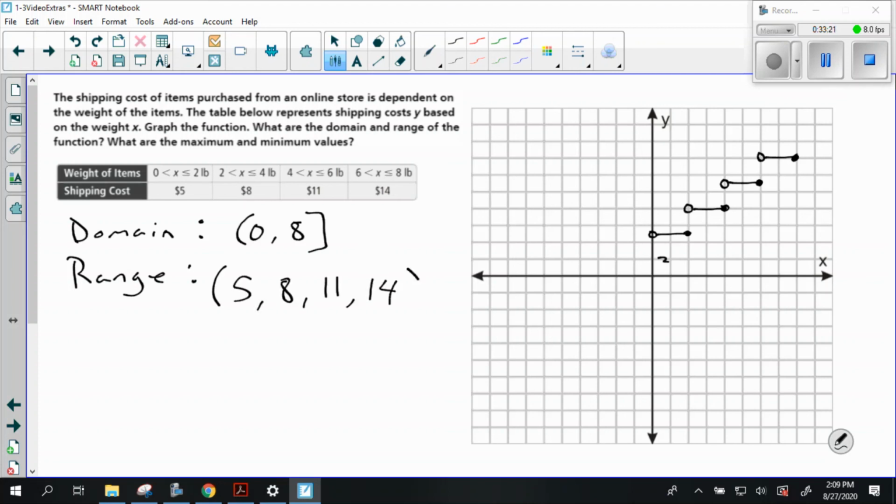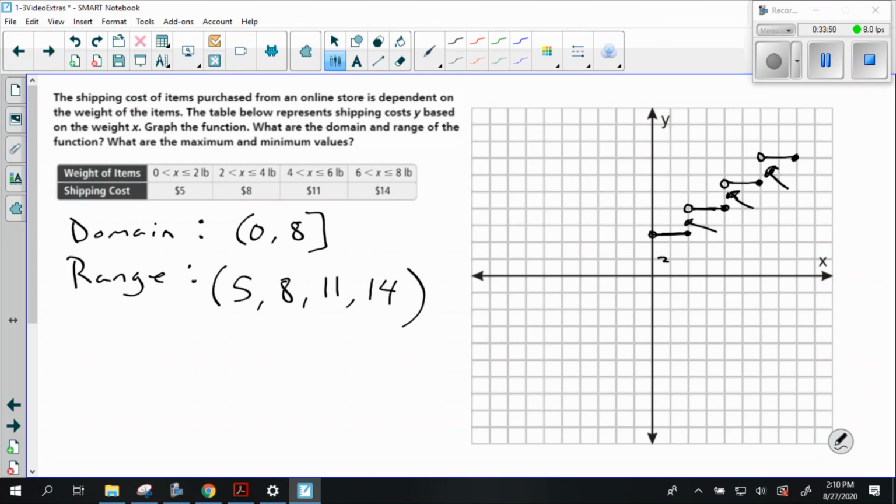What I had written before includes all that stuff. We can't include it, so for our range now we're just going to include the y values that we have. So at y equals 5, we do have all of this happening here, and at y equals 8, we have all of this, but like I said, nothing in between. So we're just going to include those specific points for our range.